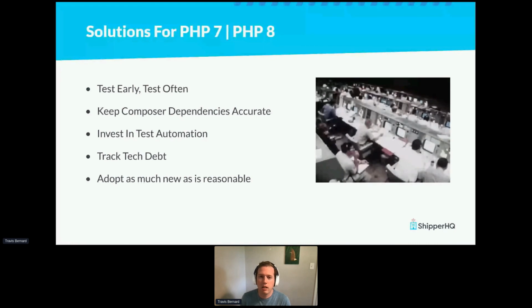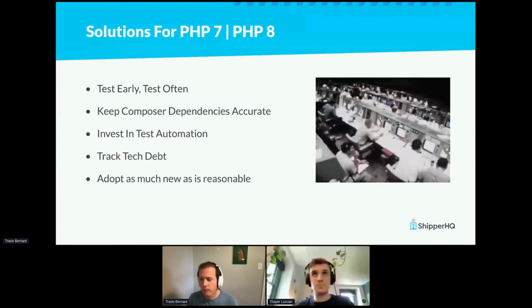And we can't use all of PHP 8's features. So we have to find the balance for our team. What's ergonomic? Again, going back to that term, what's ergonomic for our team to make sure that we are staying ahead of the curve as much as we can without putting undue amounts of effort into parts of the system that no one is going to appreciate that effort.